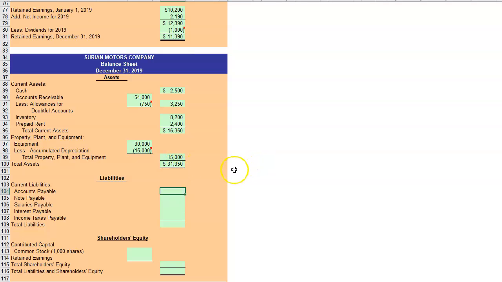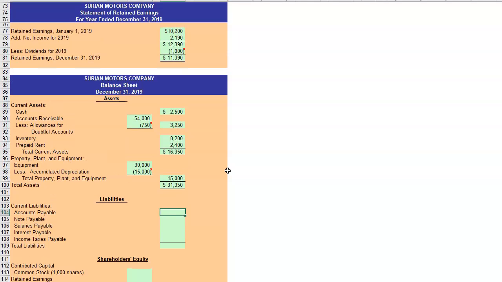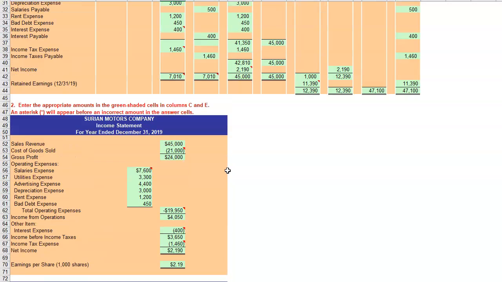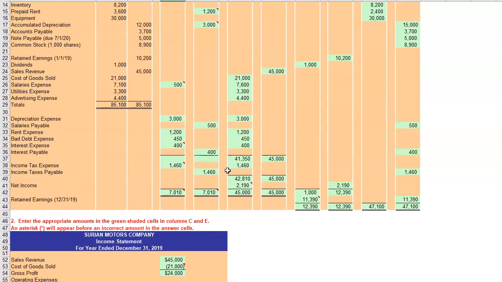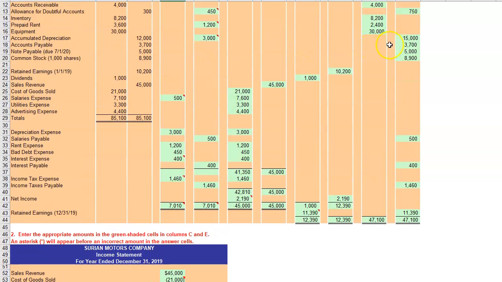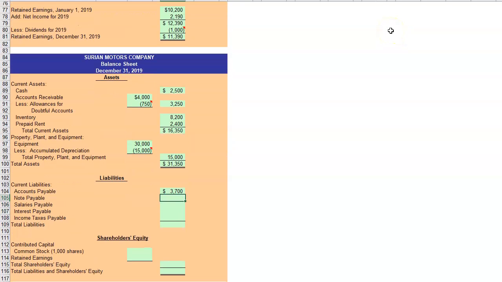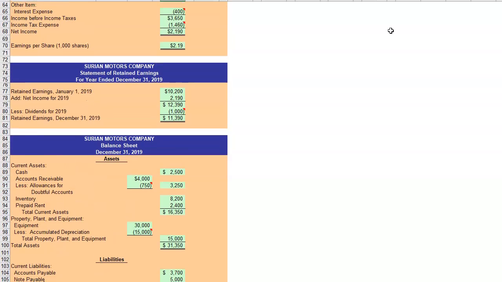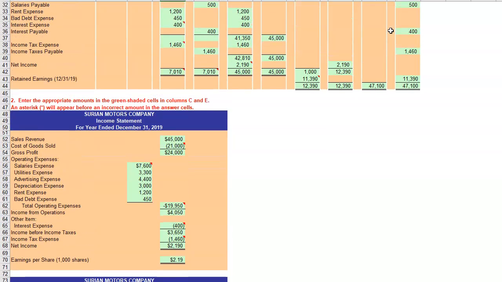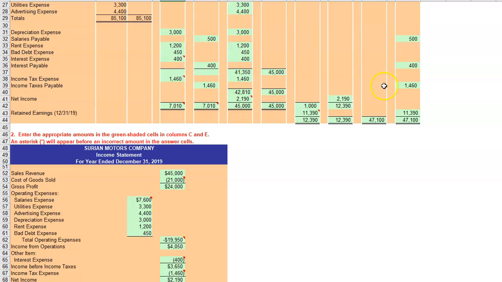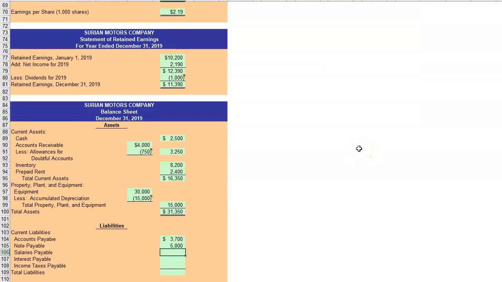All right, accounts payable is 37.5. Salaries payable is 500.